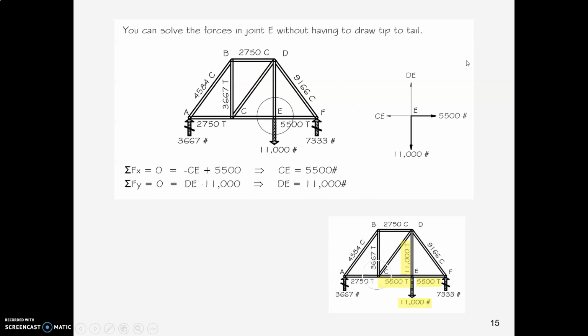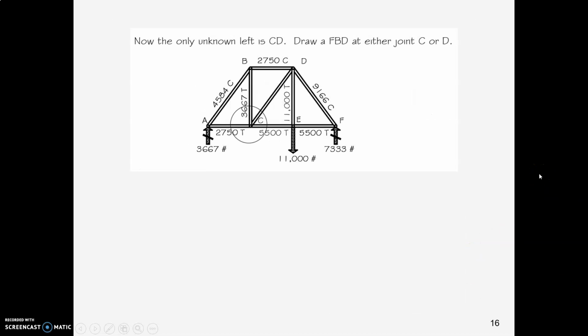Now I'll move on to another joint with no more than 2 unknowns. Oh, this one is good because it's a nice square thing. I could draw a tip to tail, but I don't have to because all the forces in the x direction add up to 0 and in the y direction add up to 0. So that was quick.